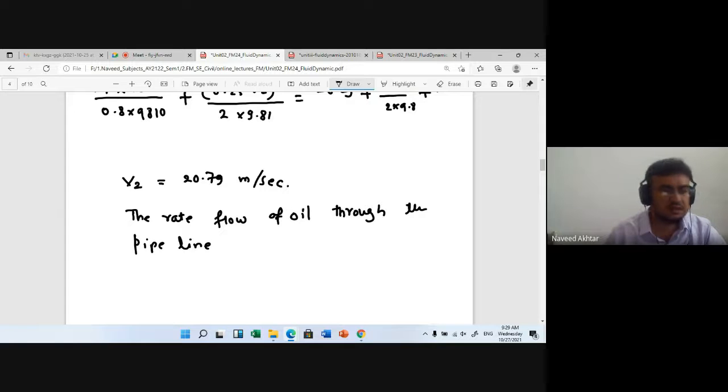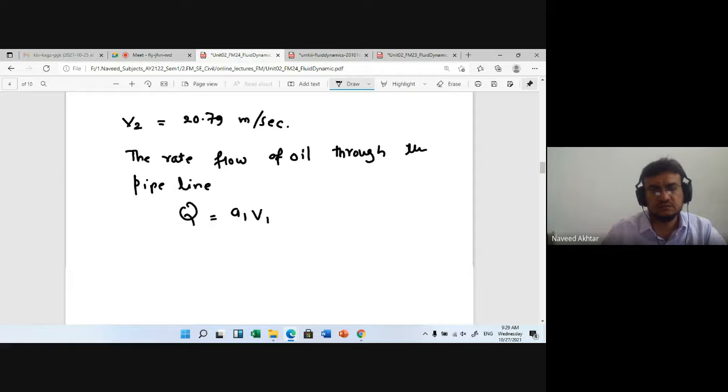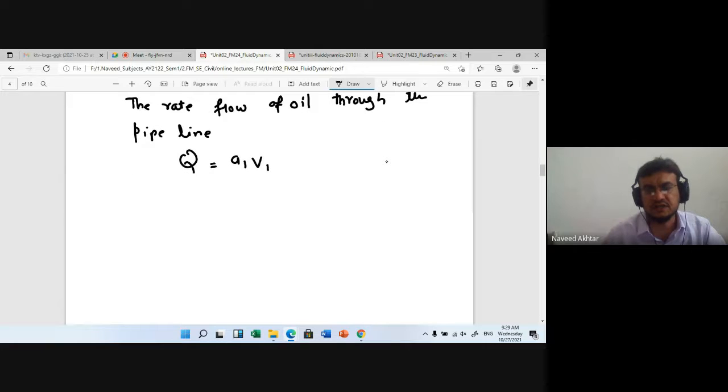It's nothing but Q is equal to A1 into V1, and we know that A1 is equal to pi by 4 into 0.3 square.